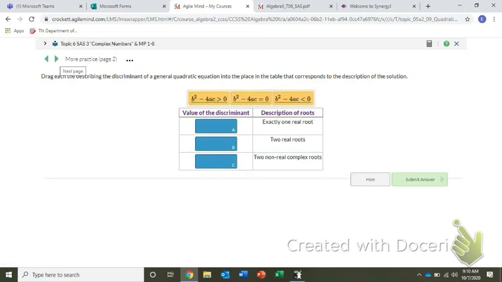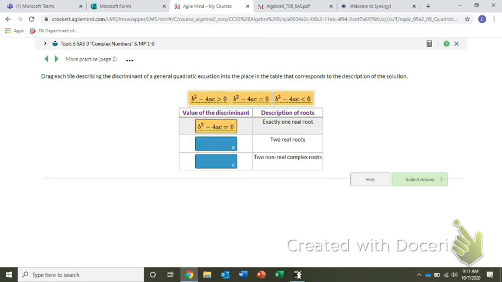All right, number 2. You have this in your workbook on page 149. Yeah, go to 149. When it has exactly 1 root, our discriminant has to equal what? It has to equal 0.